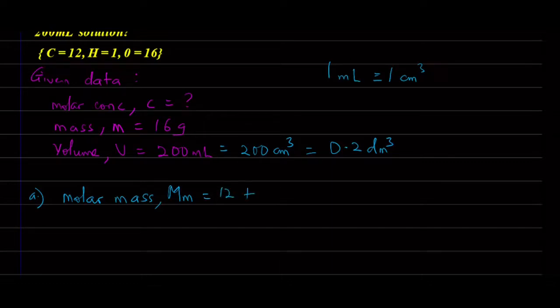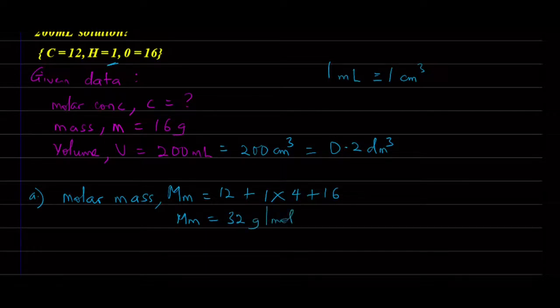The atomic weight of hydrogen, as you can see, is 1, but we have 4 hydrogens, 3 on this side and 1 attached to oxygen. That is 4 plus oxygen, which is 16. So the molar mass of methanol is going to be 32 gram per mole.